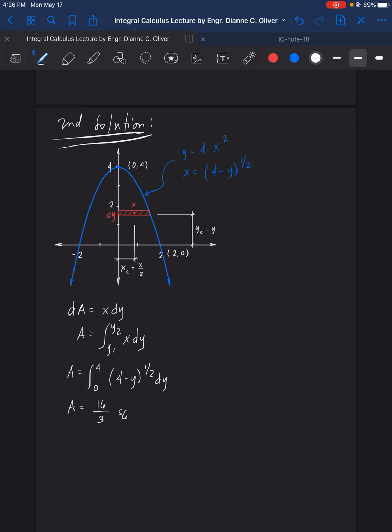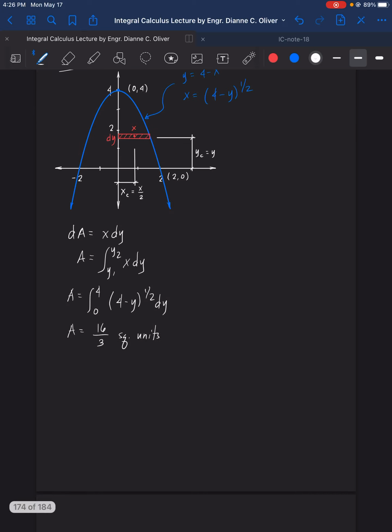Now notice that even though we use different area strips, as long as the boundaries are the same, we will really be getting the same values for area. So same is true with the centroid. What we will compute in the second solution will be the same with the first solution. So area is 16/3 square units.